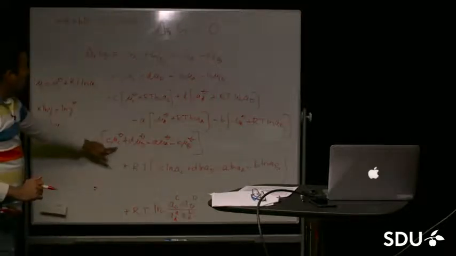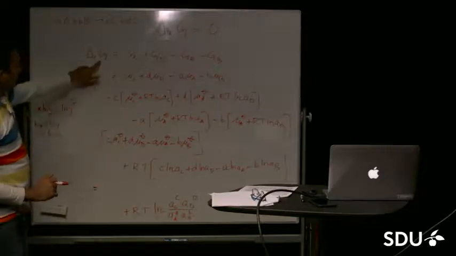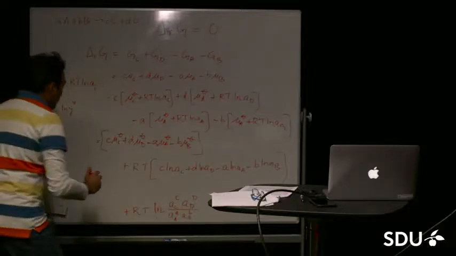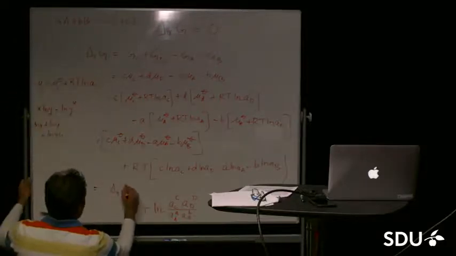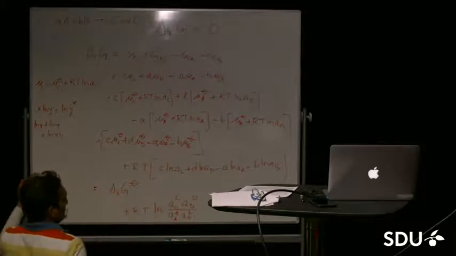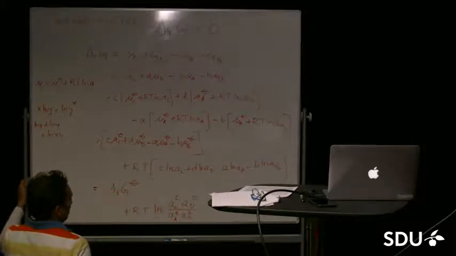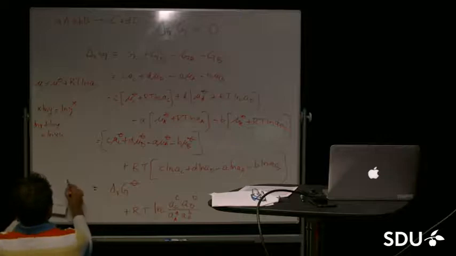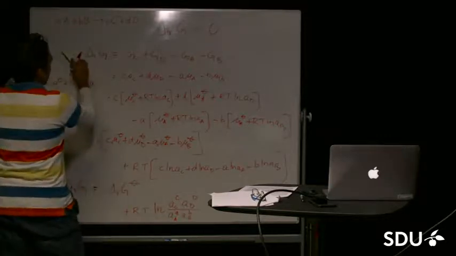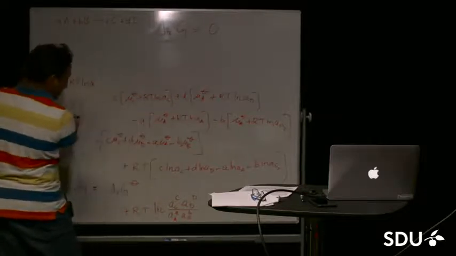The first term is nothing but the standard reaction Gibbs free energy. So I can write that as reaction Gibbs free energy and use this symbol to denote standard. So let's try to summarize this again up here.